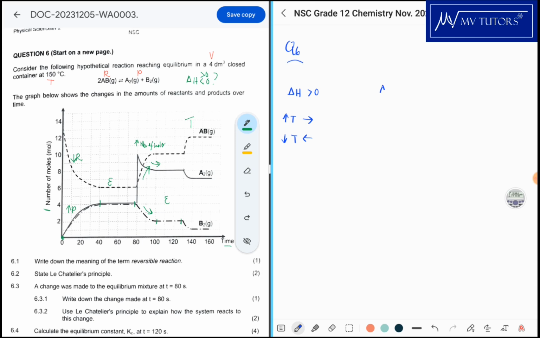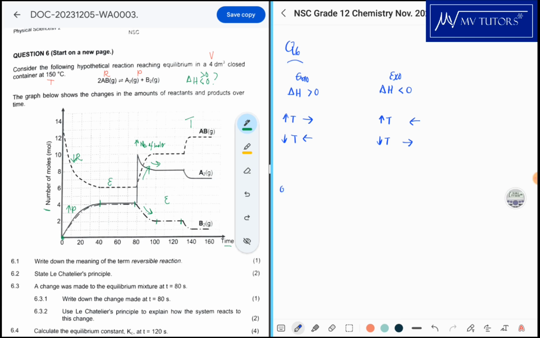But if you have an exothermic scenario, then an increase in temperature will favor the reverse reaction, whereas a decrease in temperature will favor the forward reaction. So this is for exo, this is for endo. We don't know much there, so let's not focus too much on it.